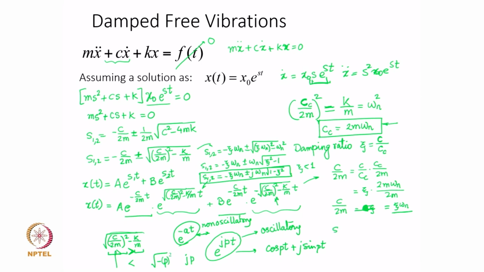So, the two roots for a damped vibration case are minus zeta omega n plus or minus j omega d, where omega d is the damped natural frequency and is given by omega n into square root of 1 minus zeta square.